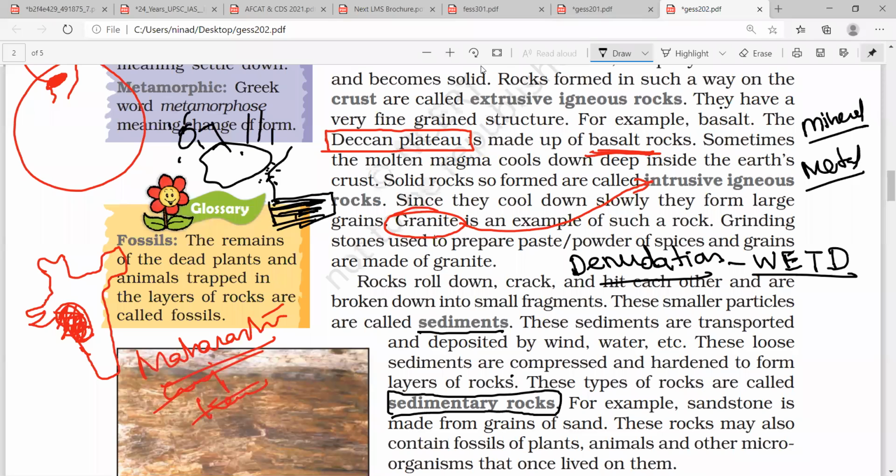Sedimentary rocks are found in layers. The most important characteristic is that sedimentary rocks are found in layers. They are deposited.